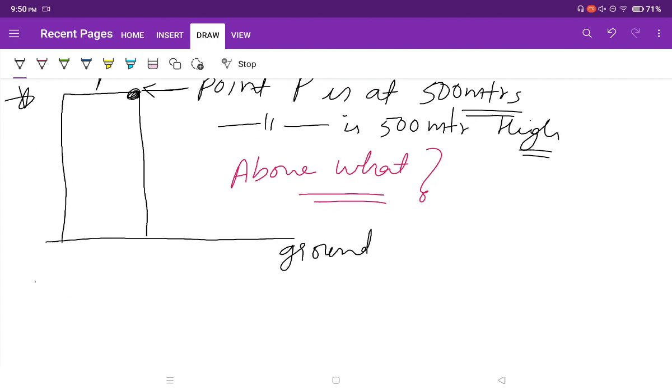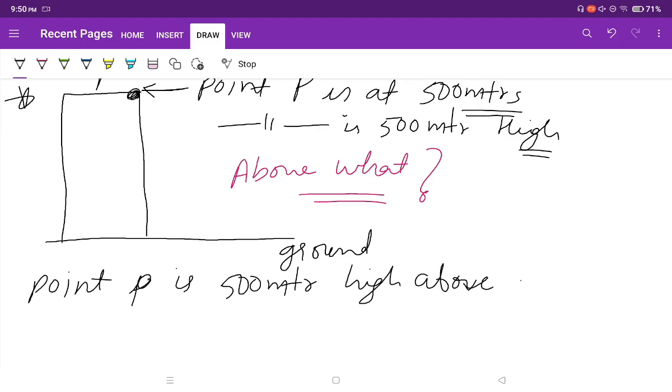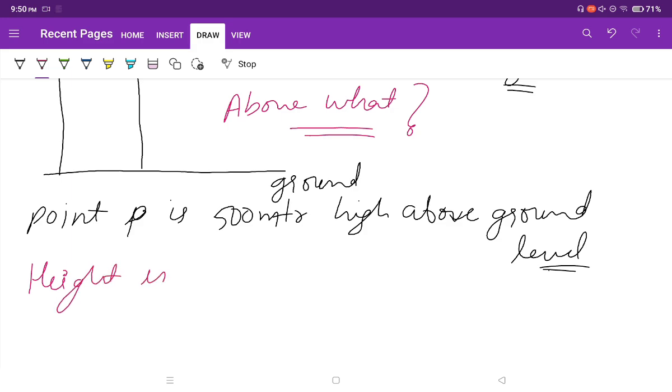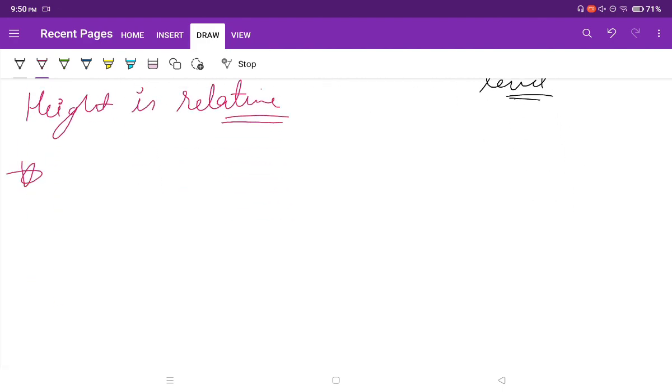So if I say that point P is 500 meters high above ground level, now we have a complete statement. So here what we can conclude is height is relative, right?